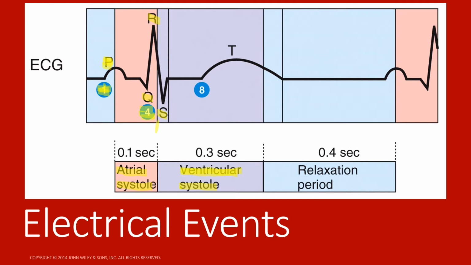So the QRS complex, or depolarization of the ventricles, occurs directly prior to ventricular systole. And then we have the T wave here, which marks the onset of ventricular repolarization.